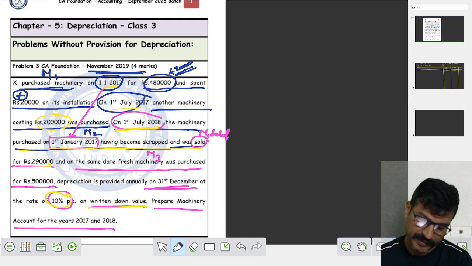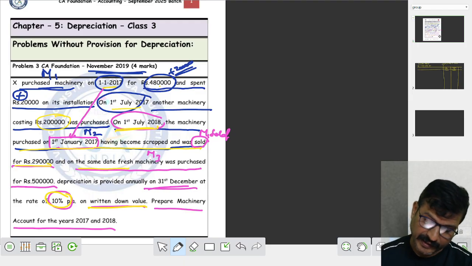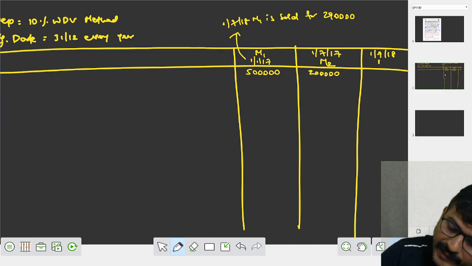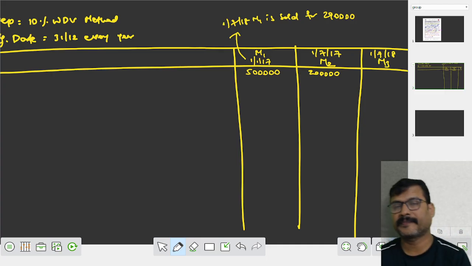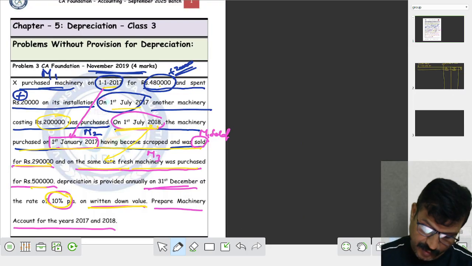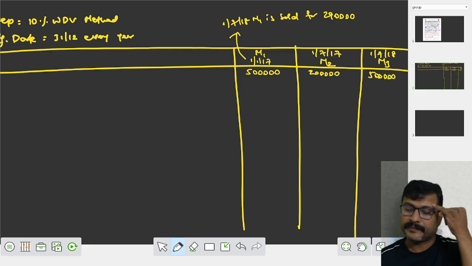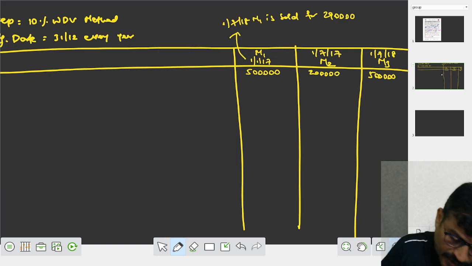What happened next? On the same date, July 18 only, M3 is purchased for an amount of rupees 5 lakh. Fine. See, this machine is purchased on 1st January 17.